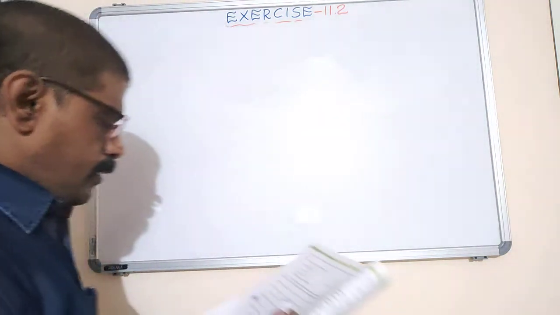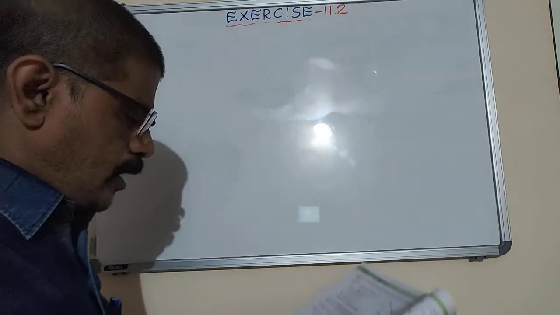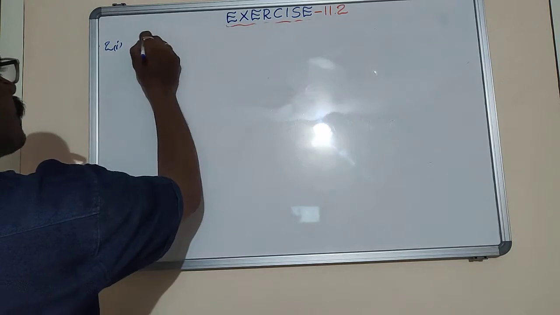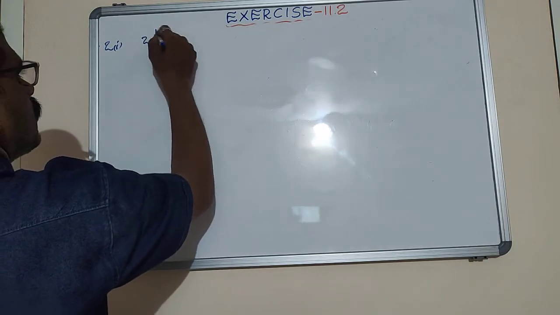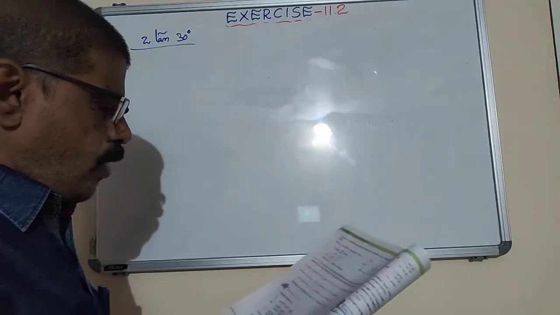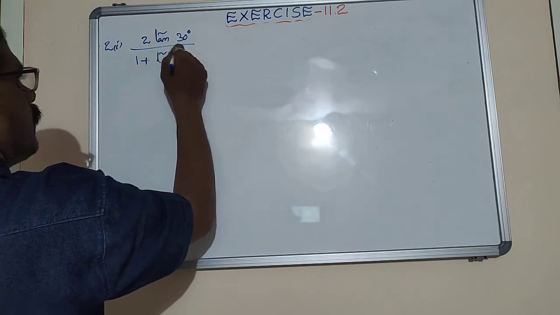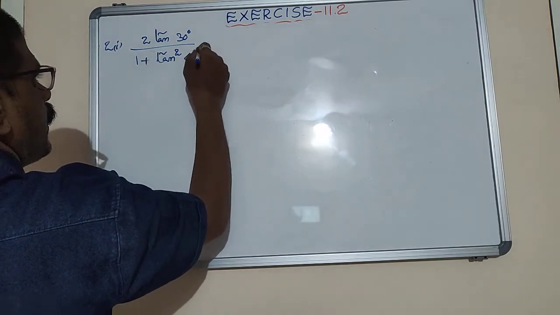So the first question in the second Roman is 2 tan 30 degrees whole by 1 plus tan square 45 degrees.